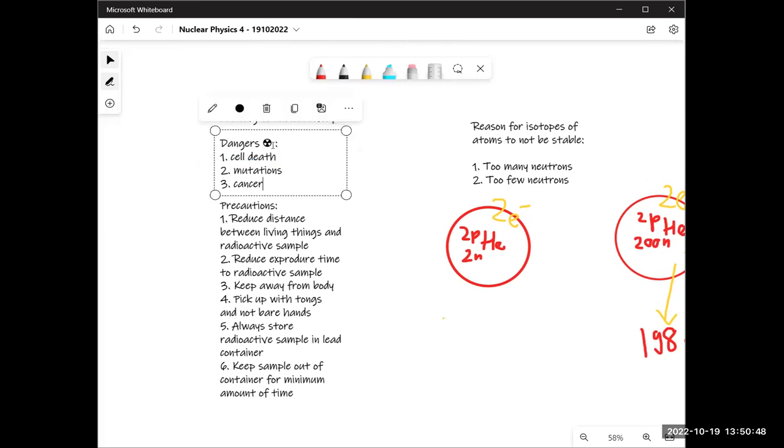No question. No questions. Wait, can you move that?